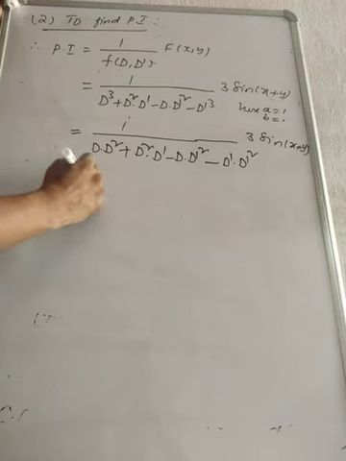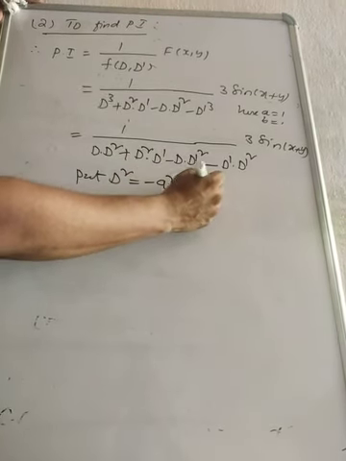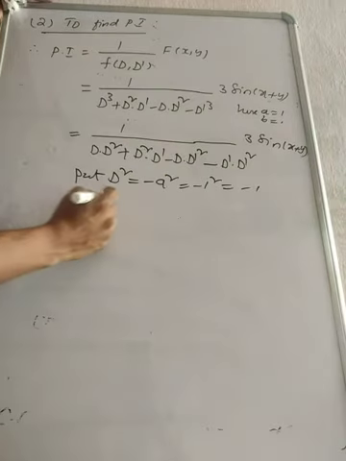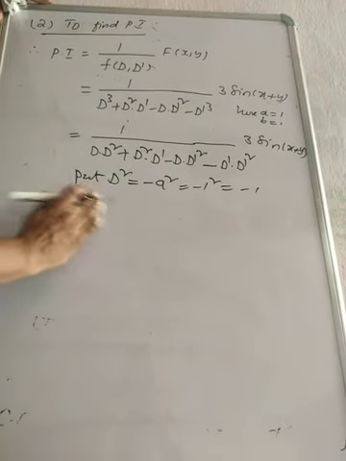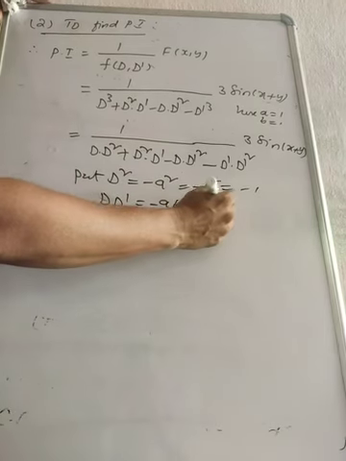Now replacing, put D² equal to −a², that is −1² = −1. DD' means −ab, that is −1·1 = −1. D'² means −b², that equals −1² = −1.